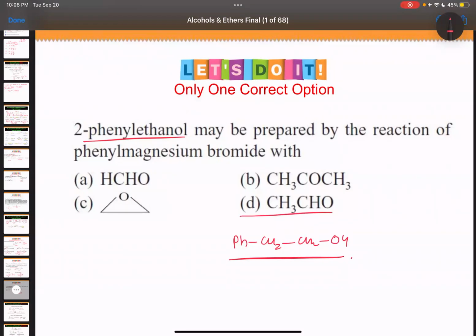Fourth option, no. Because if you take the fourth option with phenyl magnesium, Ph is going to come here and you are going to get this with the fourth option. Is it clear?